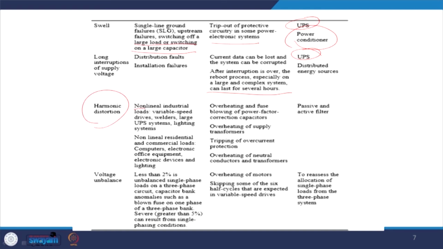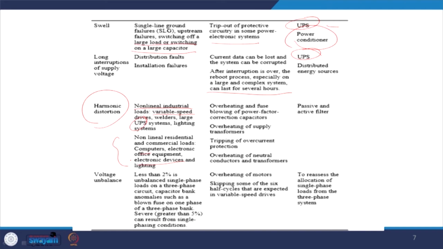There is harmonic distortion from nonlinear industrial loads, variable speed drives, welders, large UPS systems. We are saying UPS here, but UPS itself causes distortion in harmonics. And nonlinear residential and commercial loads, computers, electronic equipment in offices, all are adding to the harmonic problem.